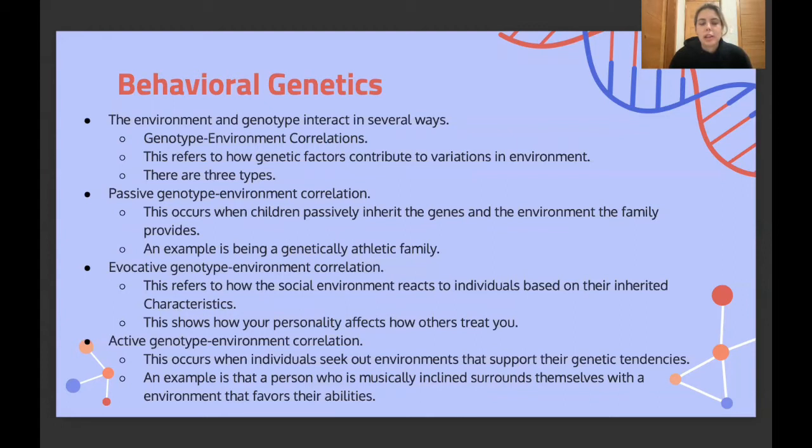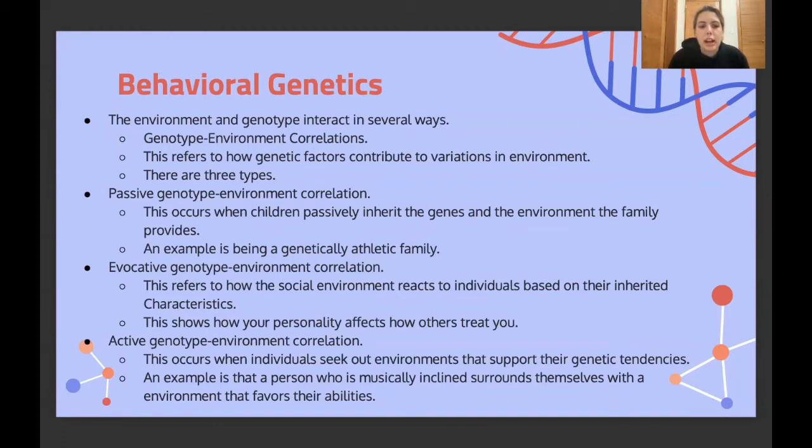Second is evocative genotype environment correlation. This refers to how the social environment reacts to individuals based on their inherited characteristics. For example, this can show how your personality affects the way you treat others.